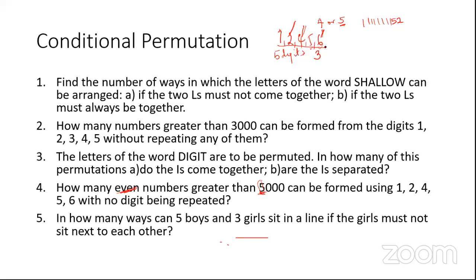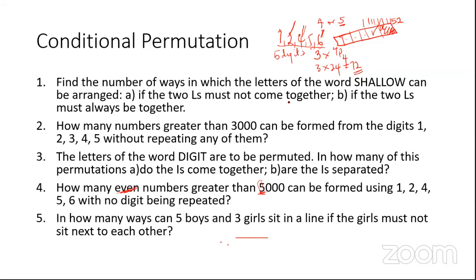I have 4. Since I filled the last place, I need to fill the remaining 4 places out of the 4 numbers remaining. So I will get 4 permutation 4. That would be 3 times 4 permutation 4, which is 3 times 24, which is 72. That's the number of 5-digit numbers that I can have.